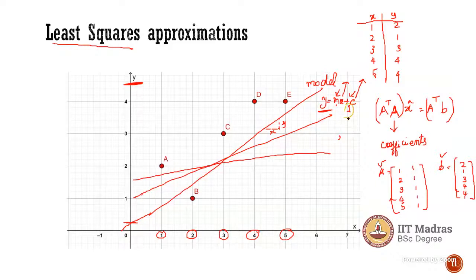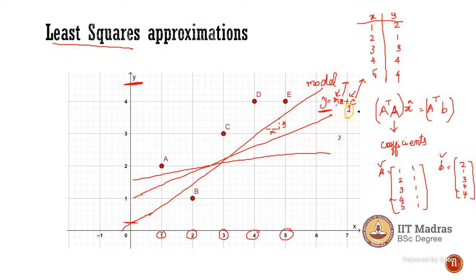Can you see this 1? What is this 1? This 1 is the coefficient of this c, the intercept. Instead of c, we are considering 1 into c. That's why 1. Yes, it's 1 into c, right? Okay, I got it.